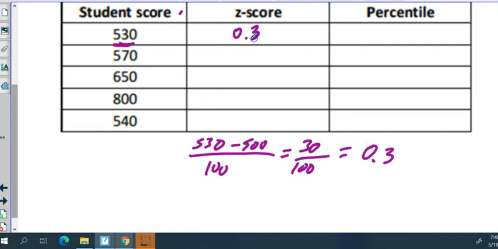So I'm going to put that z-score. And I'm just going to keep calculating my z-scores real quick. Feel free to pause the video and try it yourself.